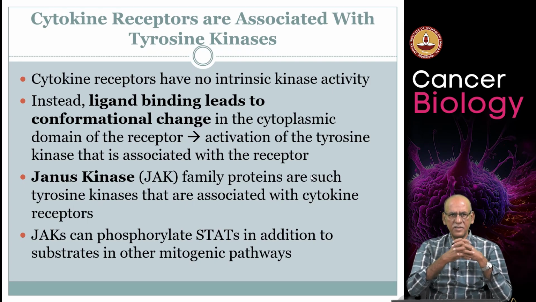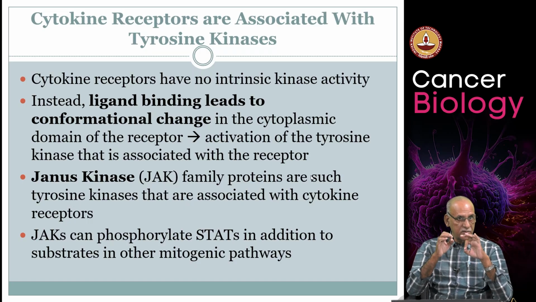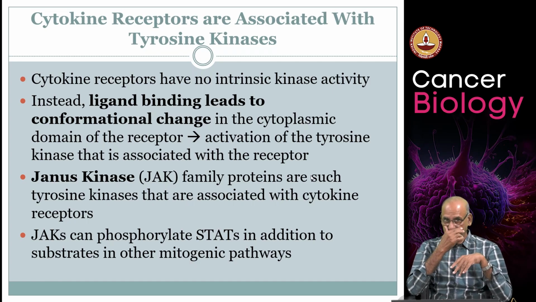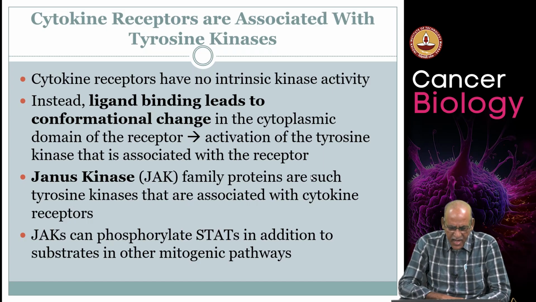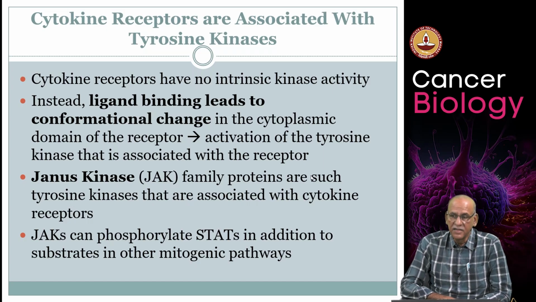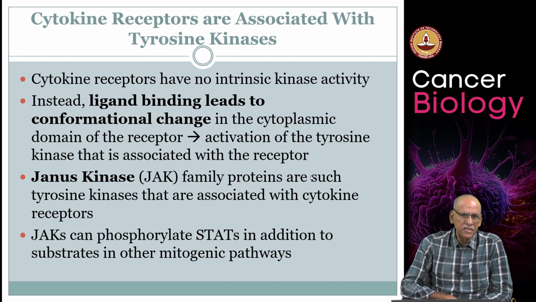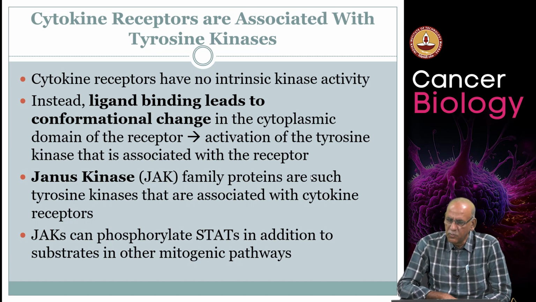So, JAK is a family of tyrosine kinases. JAK is an important tyrosine kinase. It is associated with immune signaling, immune receptors, cytokine receptors. So, JAKs can phosphorylate certain transcription factors. Again, there are many such transcription factors, STAT1, STAT3 and so on. So, they are called STATs.